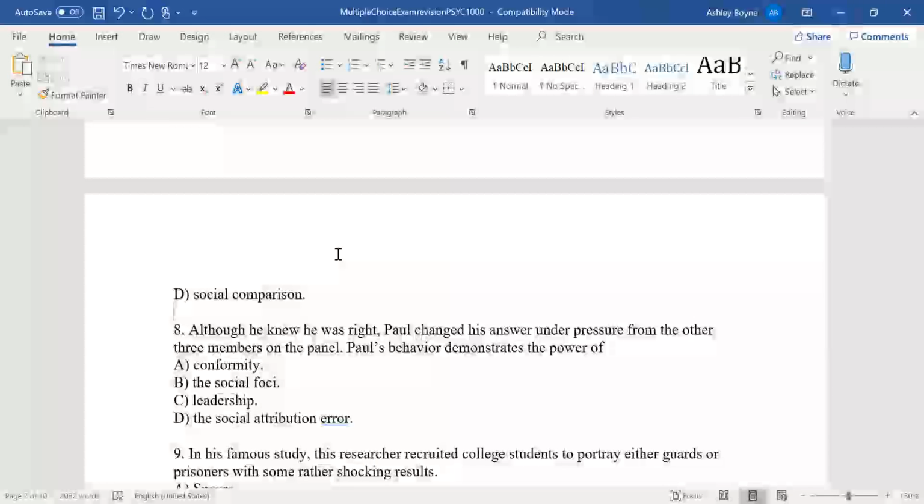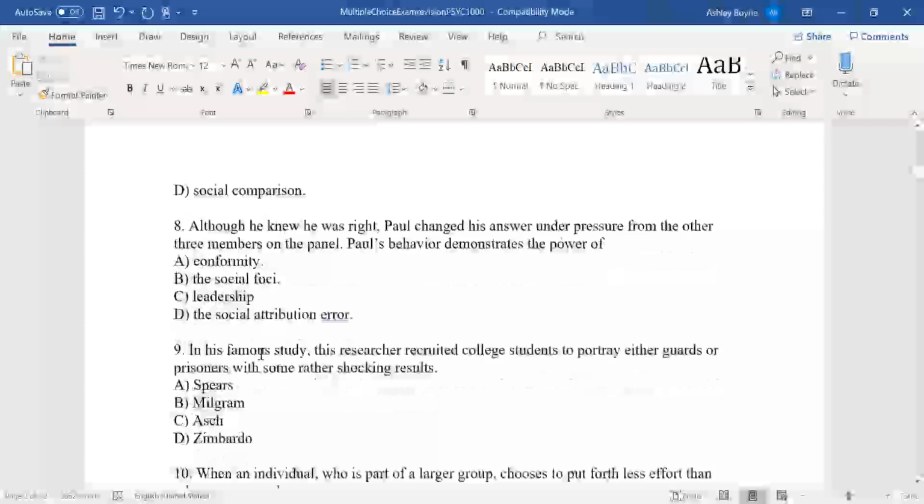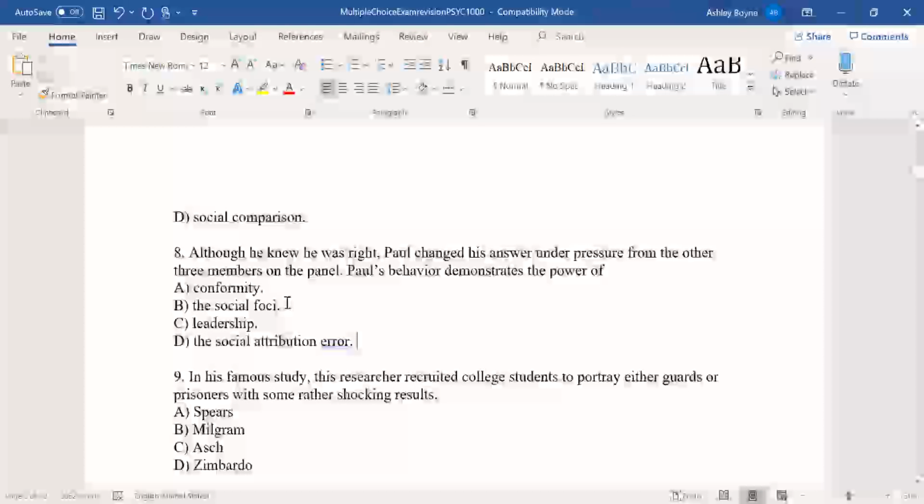Self-serving bias. This is a cognitive process that you use to make yourself feel better, to increase your self-esteem in a sense. So you tend to think of yourself more positively in order to feel better about yourself.